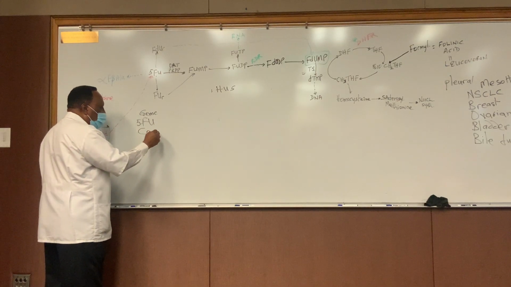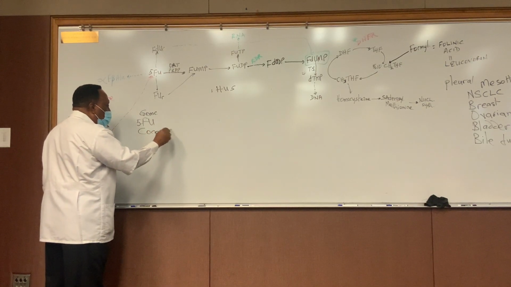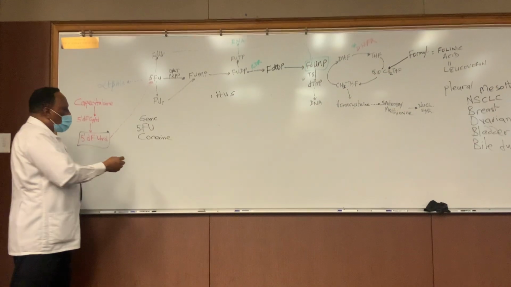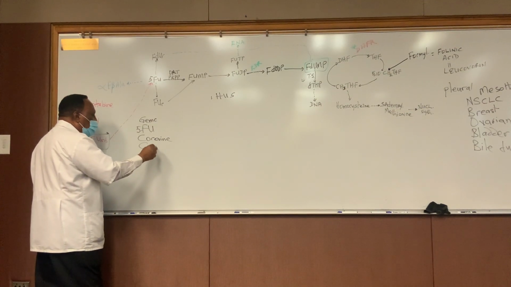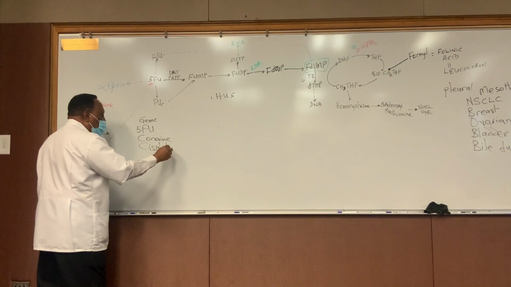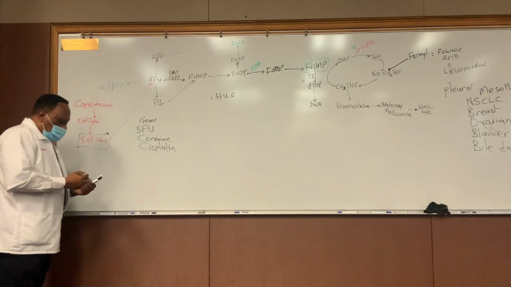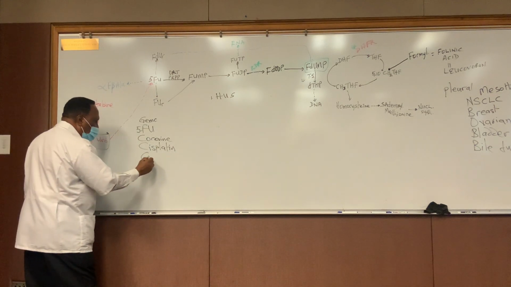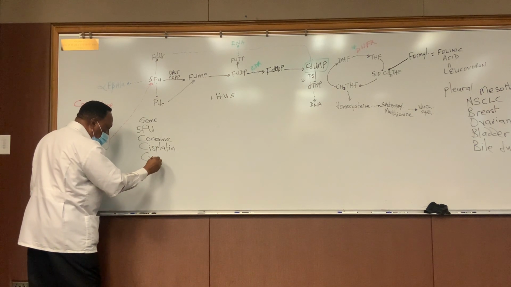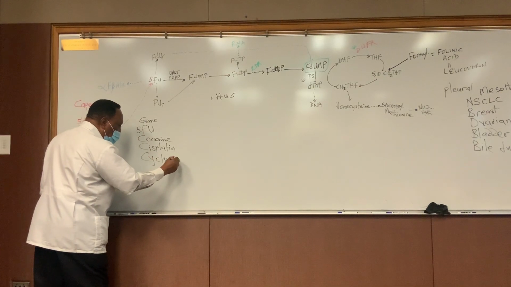Cocaine can also produce that HUS. Cisplatin is known to do that. Cyclosporin would be another agent.